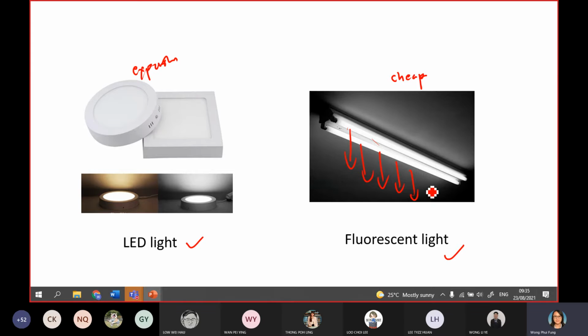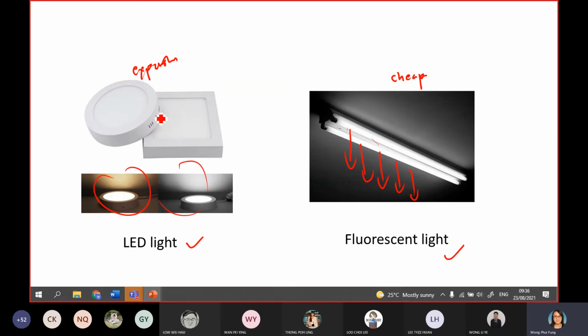So subsequently, it add up the cost lah. But on the other hand, LED light, although costs are higher, but they last longer, and they also burn cooler. Okay, last longer, which means that in the future, you don't need to replace so frequent. Save the hassle, save the problem, save the material cost. Who like to replace the light so frequently, isn't it?